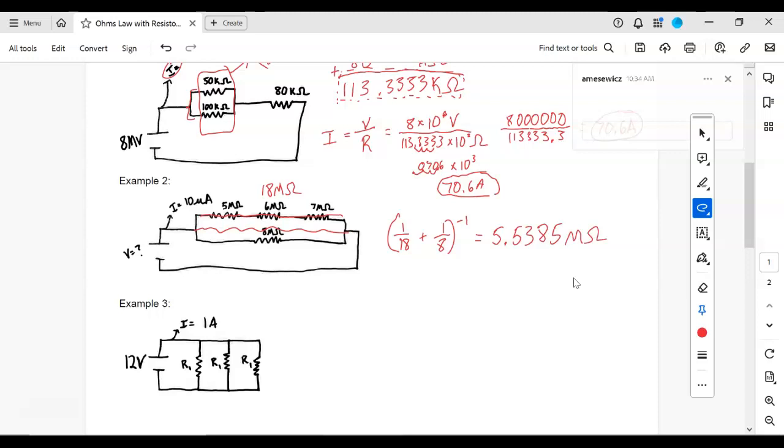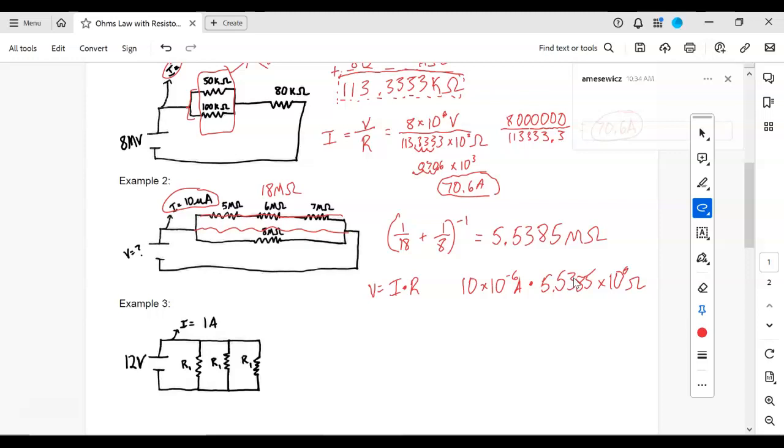Now, if we're trying to find voltage, voltage is current times resistance. So we've got 10 microamps, so that's 10 times 10 to the -6 amps, multiplied by this 5.5385 times 10 to the +6 ohms.